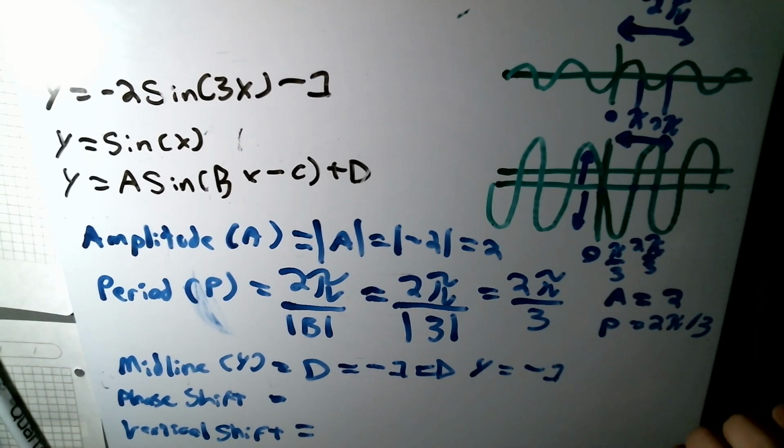Okay, the phase shift is... wait, we already kind of talked about it. C is to the phase shift as D is to the vertical shift. The phase shift is the change from right to left on the x-axis if everything moves, and the vertical shift is the up and down.